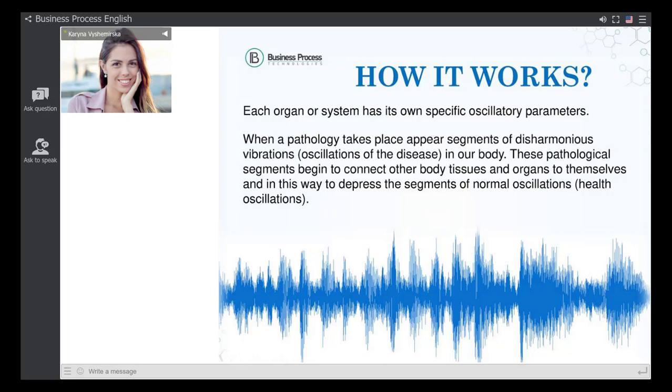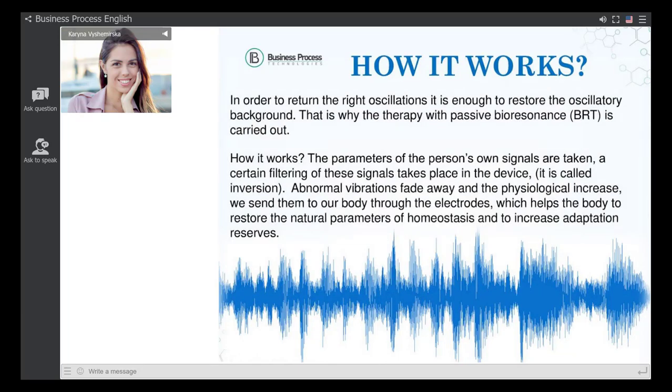This destroying process occurs first on the lowest informational structures of our body, then it gradually captures the cell and then the organ. That is how health oscillations switch to oscillations of the disease. I hope that until this moment it was clear.